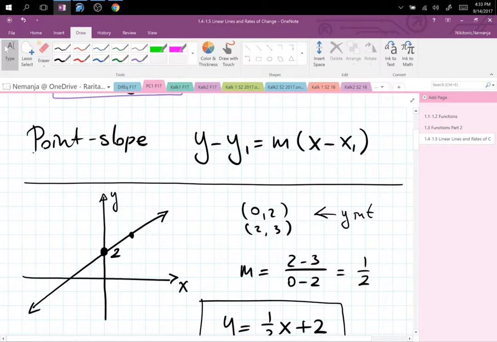So if you don't have an ordered pair that starts with 0, you don't know what b is. But then you can use that formula. You know the slope, and whatever point you are picking here, that's your x1 and y1. When you solve the algebra, it comes out on the other end. Cool? Good.